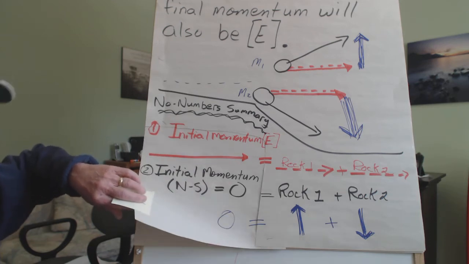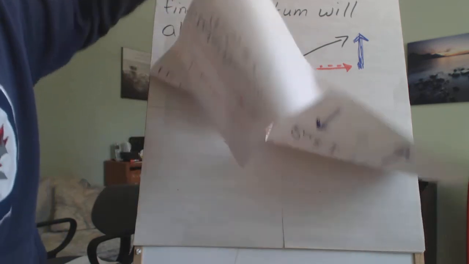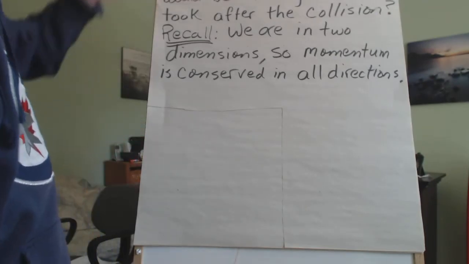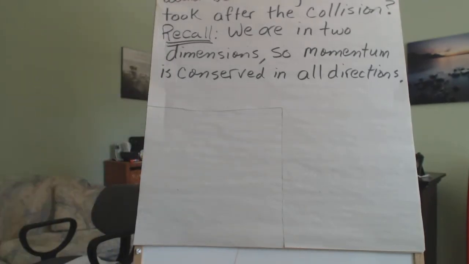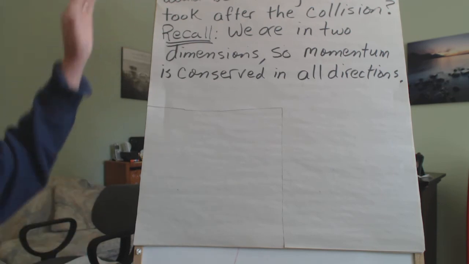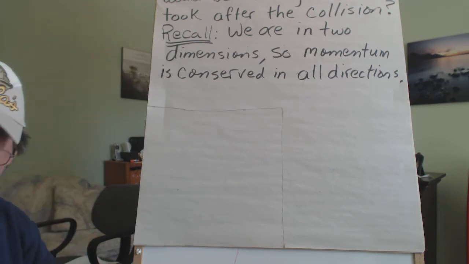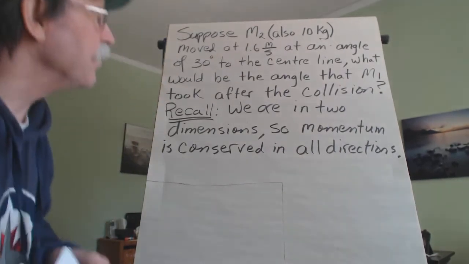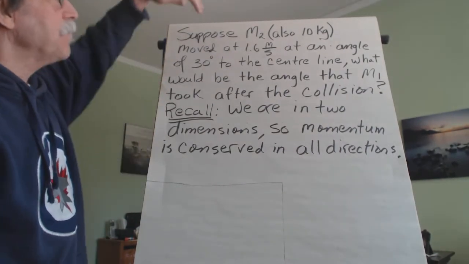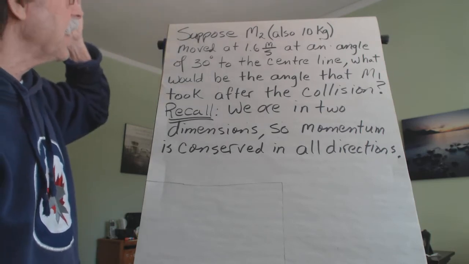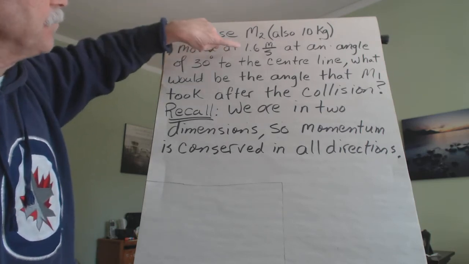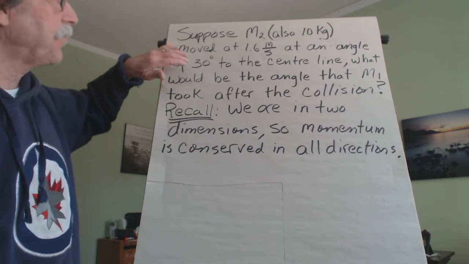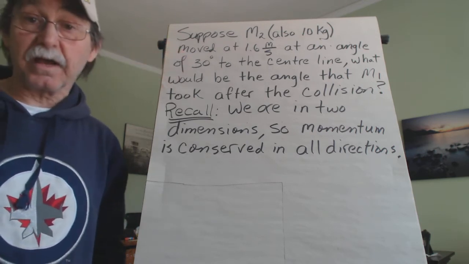If you're just watching for fun, I hope you had a good time. If you want to carry on, let's make up the question. Suppose M2, also 10 kilograms, moved at 1.6 meters per second at an angle of 30 degrees to the center line.